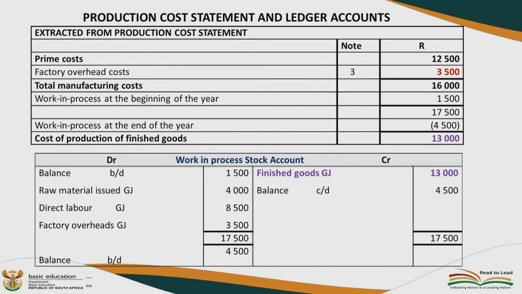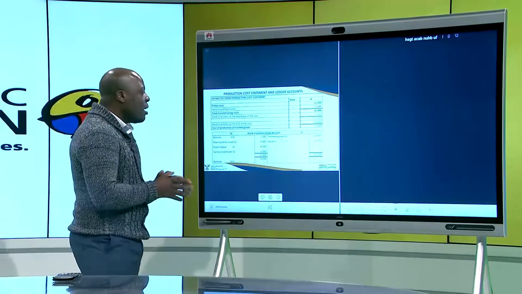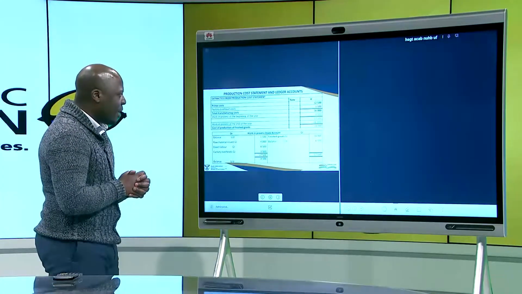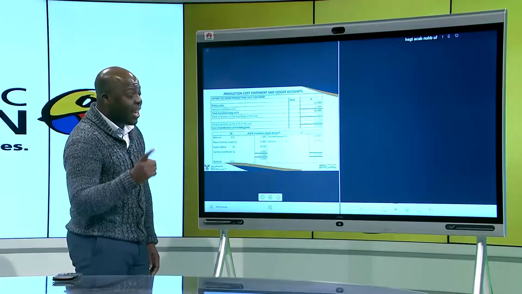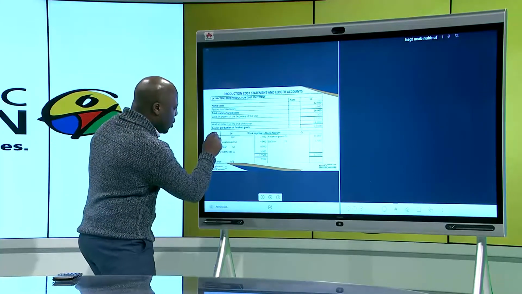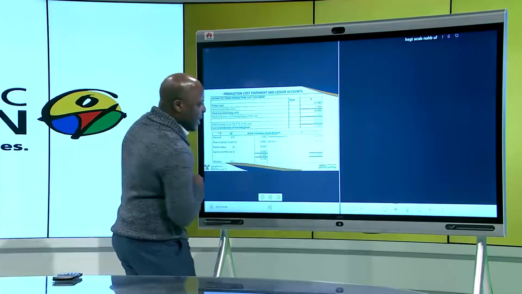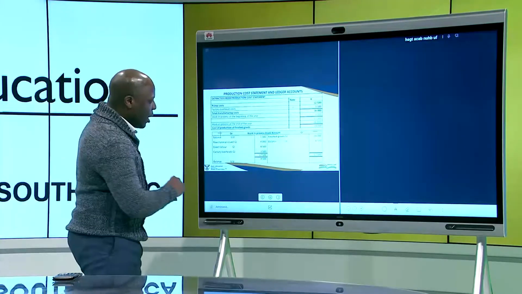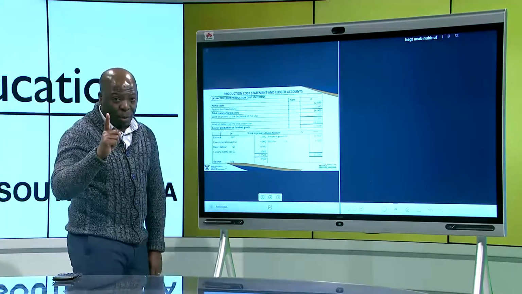So we now open what is called a work in process stock account. In this work in process stock account, this is where we have our work in process stock. Remember, it's already saying stock. So if it's a stock account, it means on the debit, it's going to increase. On the credit, it's going to decrease. Awesome. Then you're going to start off with your opening balance, 1.5.